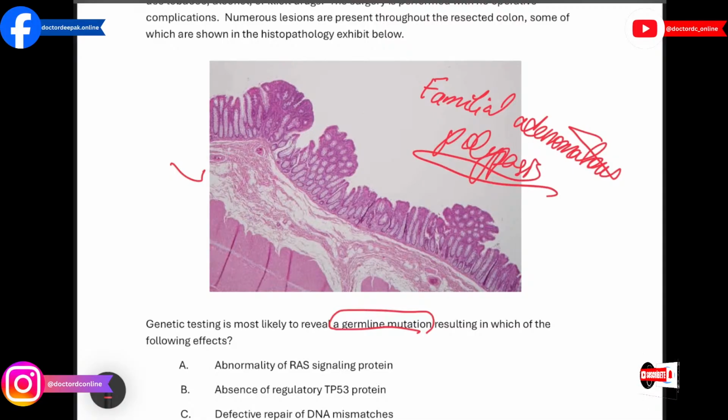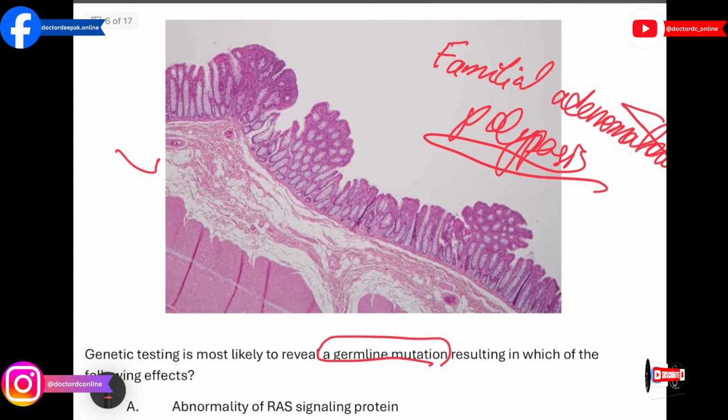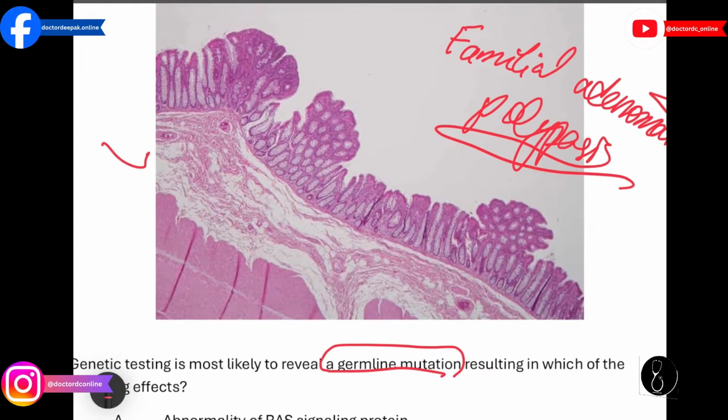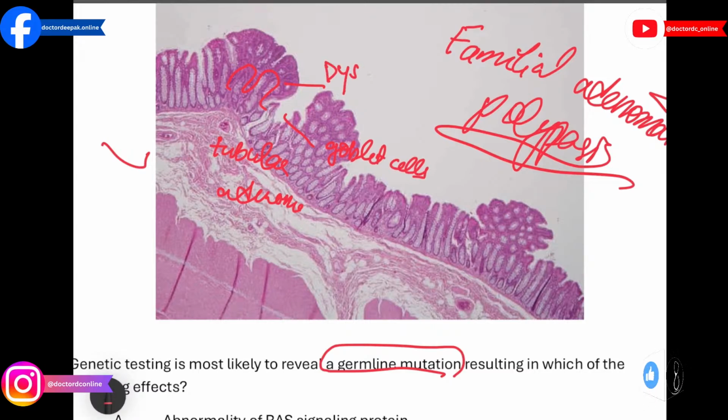If you look closely, there are multiple chronic tubular adenomas. These adenomas have complex glands lined by dysplastic epithelium.